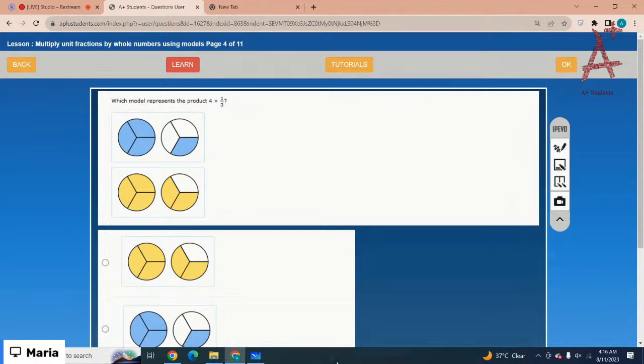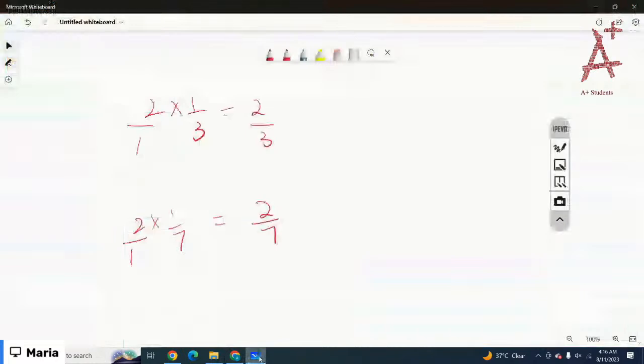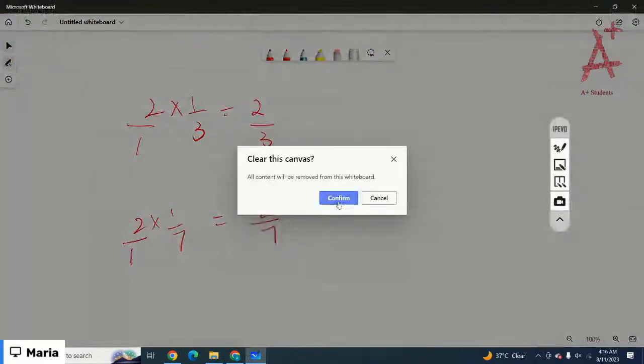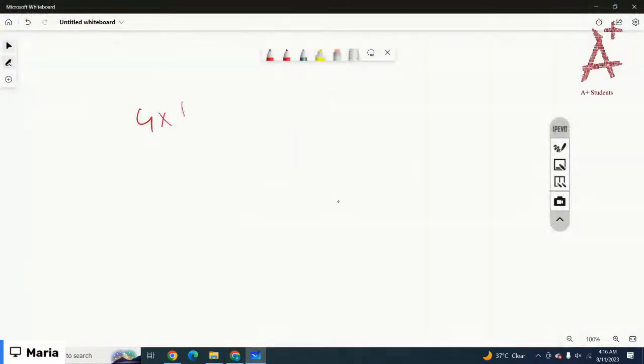Let's just calculate the product first. 4 times 1 over 3. So just do numerator times numerator. 4 times 1 is 4 and 3 times 1 is 3, right? So when you divide 4 by 3, it would be 3 times 1 is 3 and you are left with 1 here. So it is 1 whole 1 over 3.